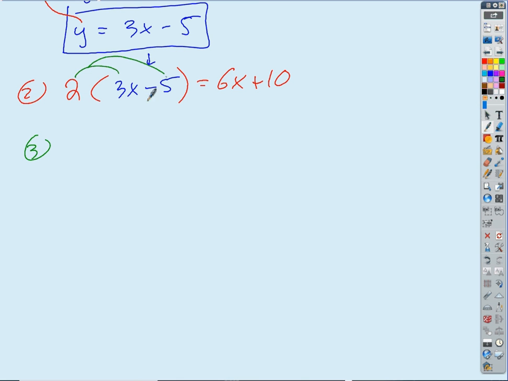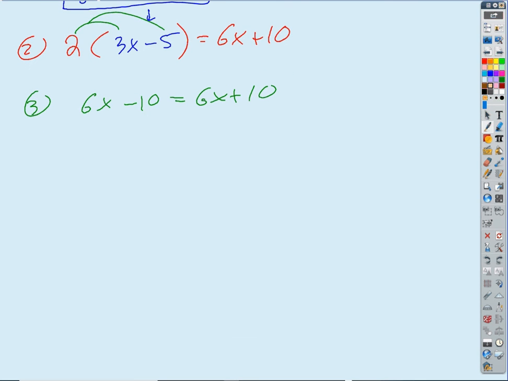Okay, I'm going to distribute and get 6x minus 10 equals 6x plus 10. That's weird. What happens now? If I try to subtract the 6x from each side, look what I get. I get negative 10 equals positive 10. So how do we interpret that? If the variables go away and I get a false statement? No solution, right?